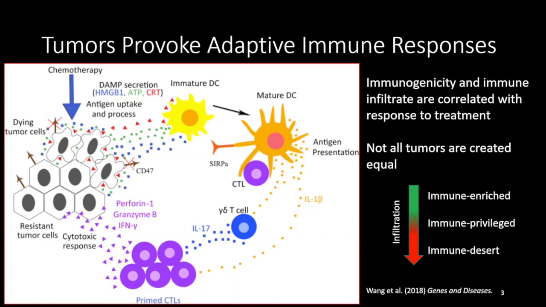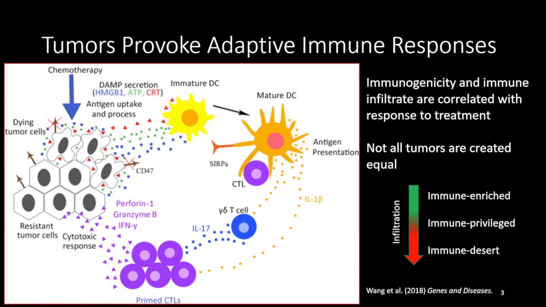However, we'll soon learn, one, this is not always the case because the immune system is complicated, but also that not all tumors are created equal in terms of their capacity to allow for immune infiltration. Specifically, there are 3 buckets really that the cancer immune phenotype can fall into. Shown on the right, we have immune-enriched tumors, where generally the tumors have high amounts of antigen, they're highly immunogenic, and they support deep infiltration of cytotoxic lymphocytes.